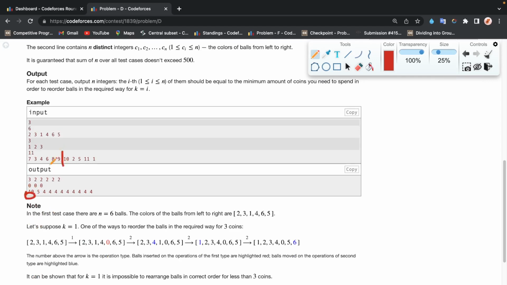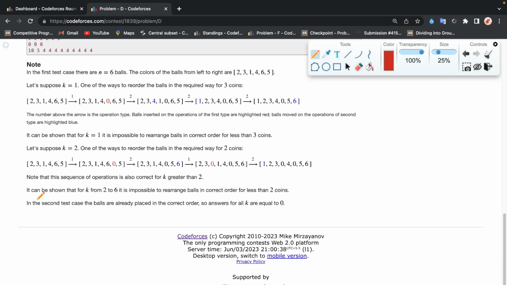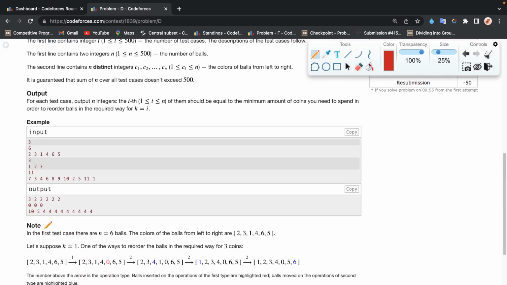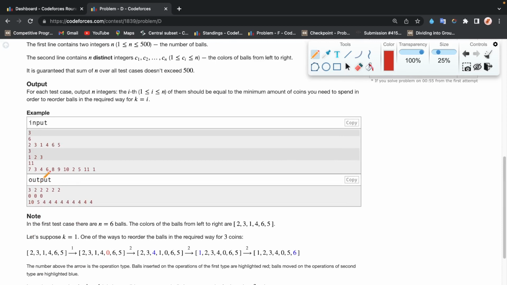Oh, so all the swaps will be taken. The answer is only five. You seem to be a pretty interesting case here. Six, eight, nine, 10. Okay.